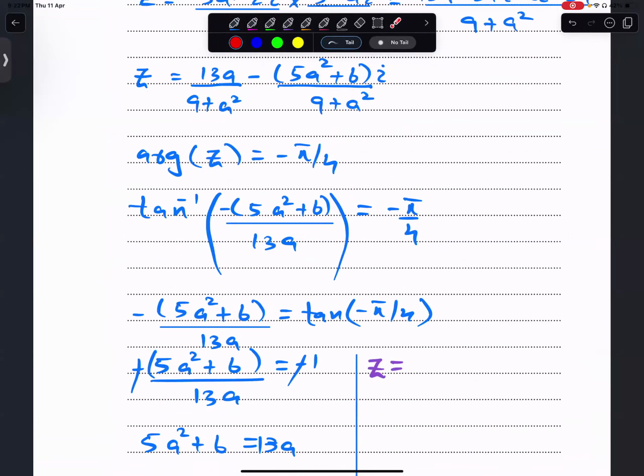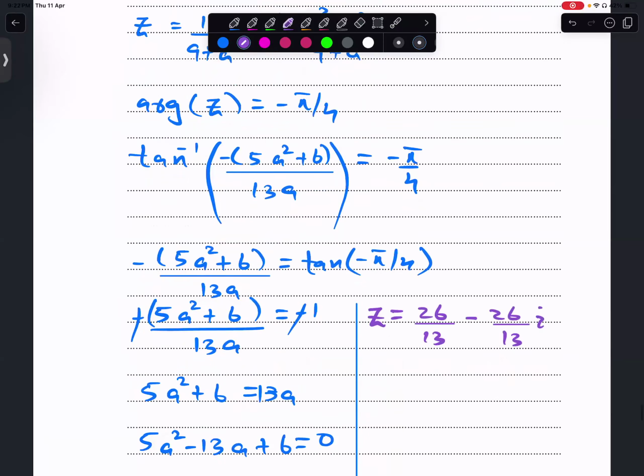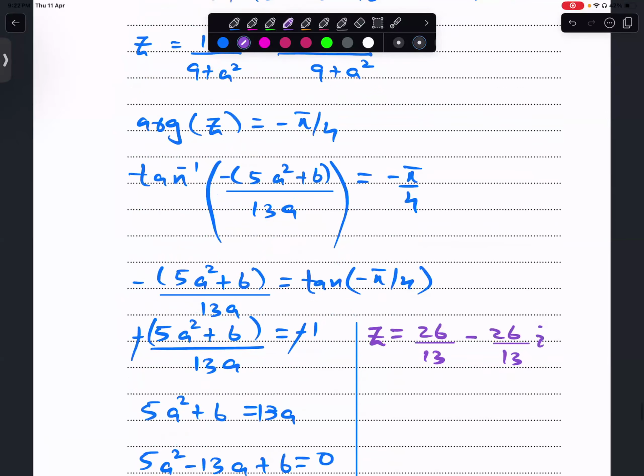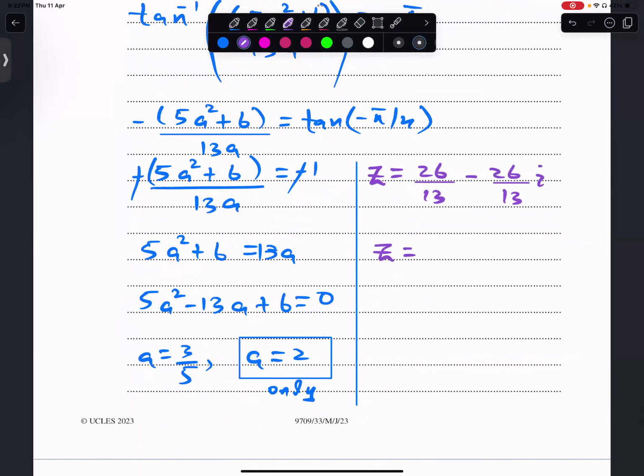So 13 times 2 will be 26, and this will be again 13, and minus 5a square will be minus 5 times 2 square, 20, 26 over 13 i. Just put a is equal to 2 in the above expression. So z is equals to 2 minus 2i. This is z in the form of x plus iy.